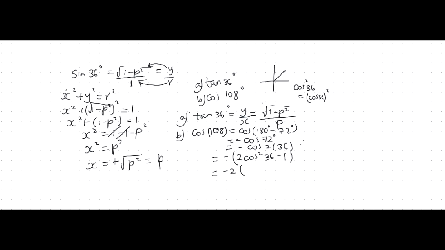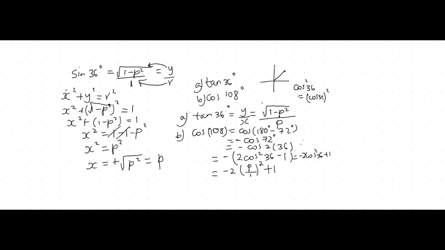So our x, we found to be p, over r. R is 1, so it's not as complicated. So you square it, then minus this one times this minus 1 is plus. So you would have minus 2 cos squared 36 plus 1. Then you move along to the next step where you are now simplifying and substituting.